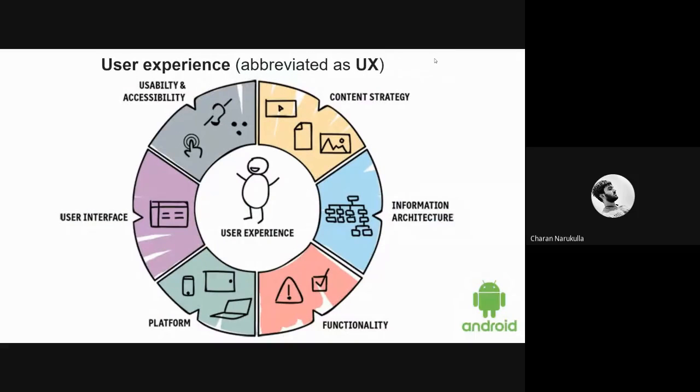UX, we can say it will describe information architecture and the functionality, how good the functionality is. If you are taking a bank application, then you can say how good is the functionality during the onboarding process. UX will also include UI, because the user will provide their experience with the UI itself too.